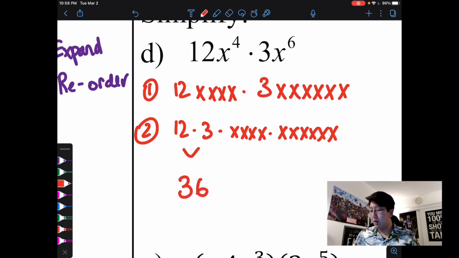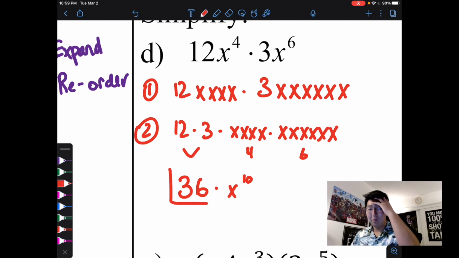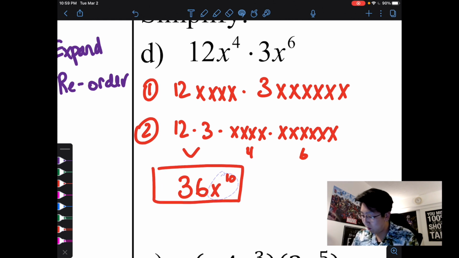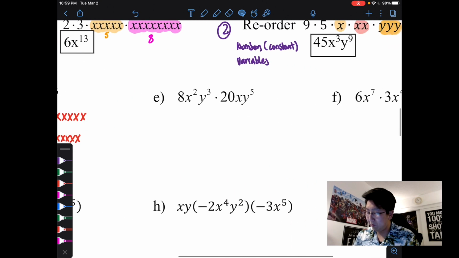Now I'm going to simplify. 12 times 3 is 36, and then we have 4 and 6, so we have times x to the 10th. There's a total of 10 being multiplied by itself. Okay, so that is our simplified answer, and you don't need this little multiplication. You could just put these numbers next to each other.